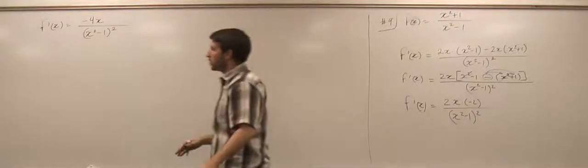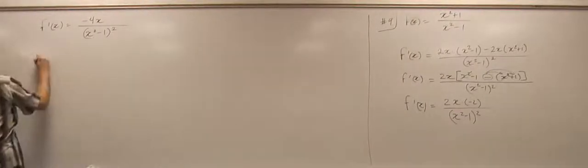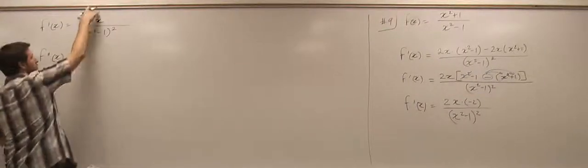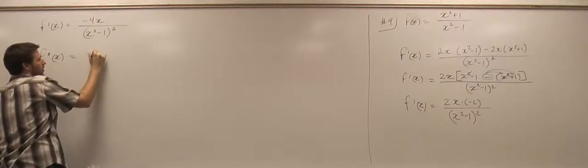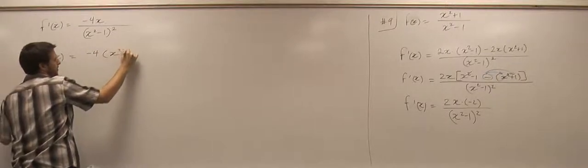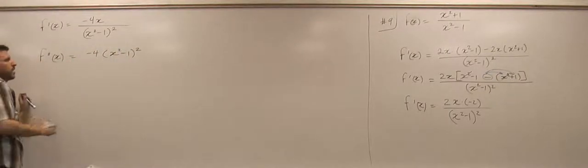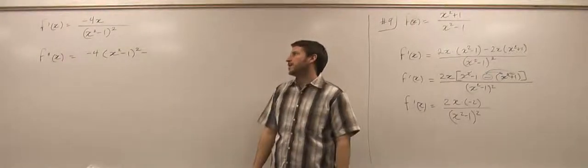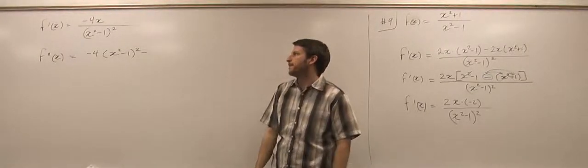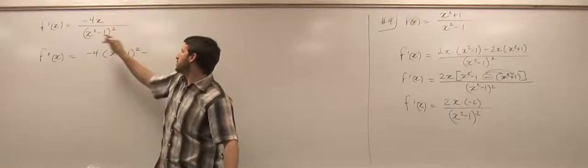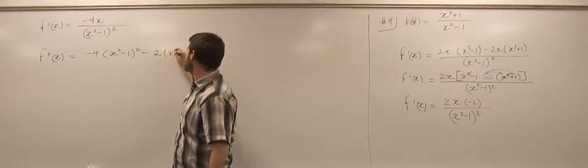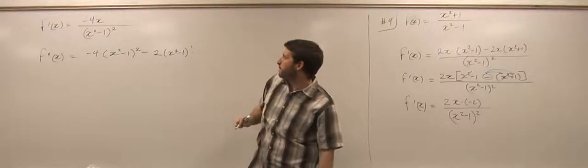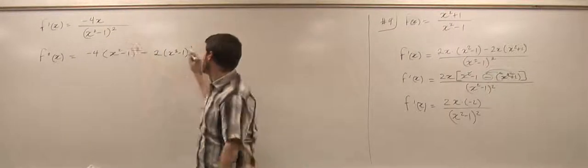So we do another quotient rule. F double prime. So we do the derivative of the top, which is negative 4, times the bottom, minus the derivative of the bottom. What's the derivative of the bottom? 2 comes down, right? Chain rule. 2 comes down, the inside stays the same, times the derivative of the inside, which is 2x.